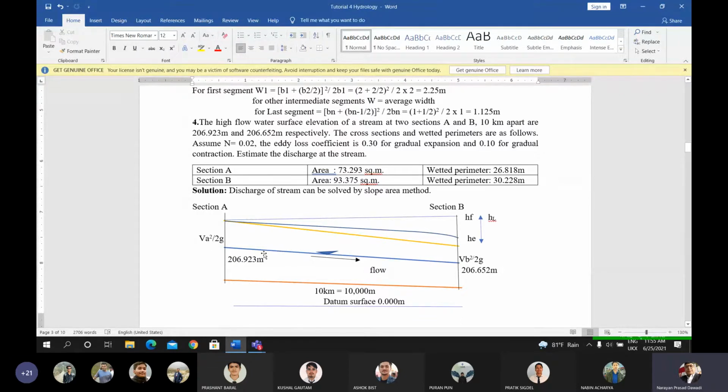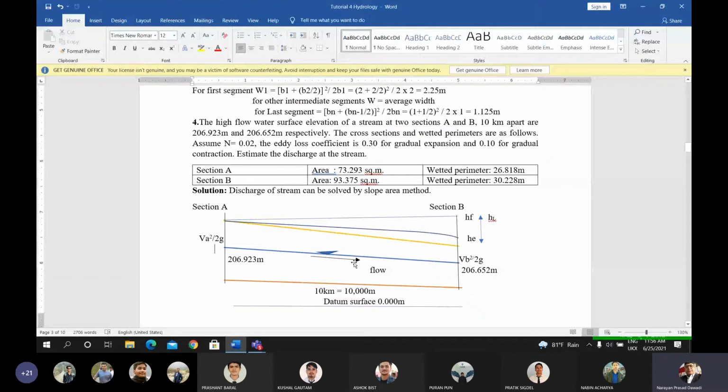So the velocity head will be VA square by 2g for section A, and the velocity head for section B will be VB square by 2g. Now Z1 plus H1 will be the elevation difference between the water surface of section A and the datum surface, which gives the value of 206.923 for section A, and 206.652 meter for section B. That is, HA minus HB will be the elevation difference between the water surface levels of sections A and B. So HA minus HB is equal to 206.923 minus 206.652 meter.